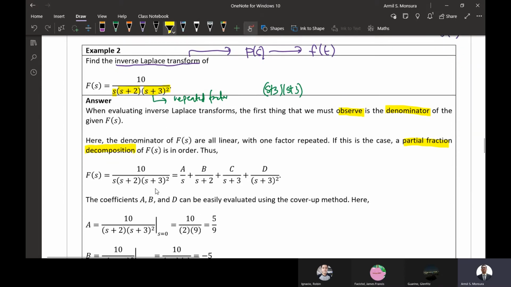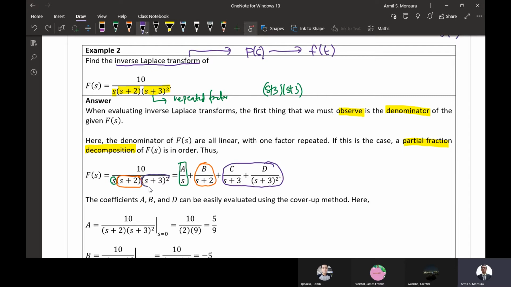So yung partial fraction decomposition nitong particular function na to is A over s, plus B over s plus 2, plus C over s plus 3, plus D over s plus 3 squared. So isang term para dito, another term para dito sa denominator na to, and two terms para dito sa repeated factor na to.